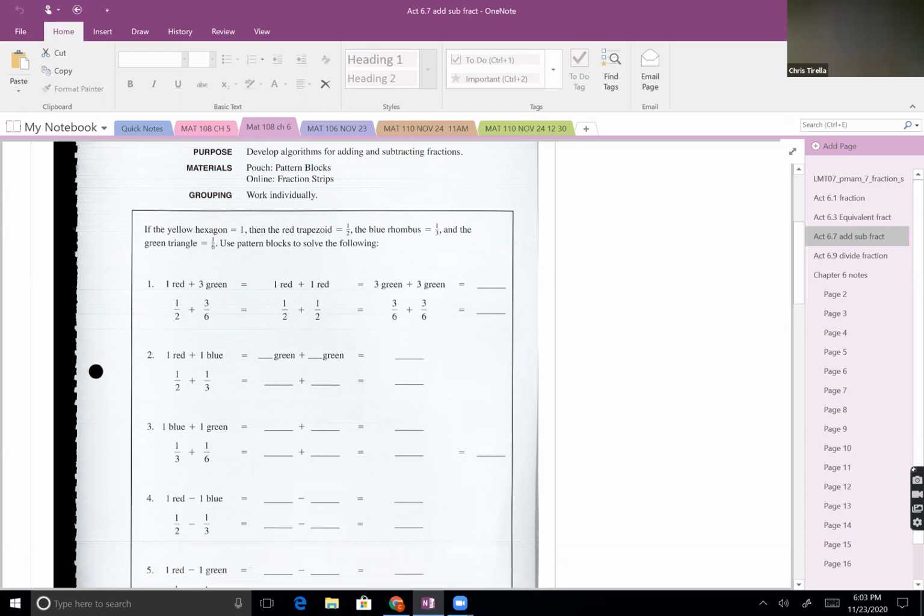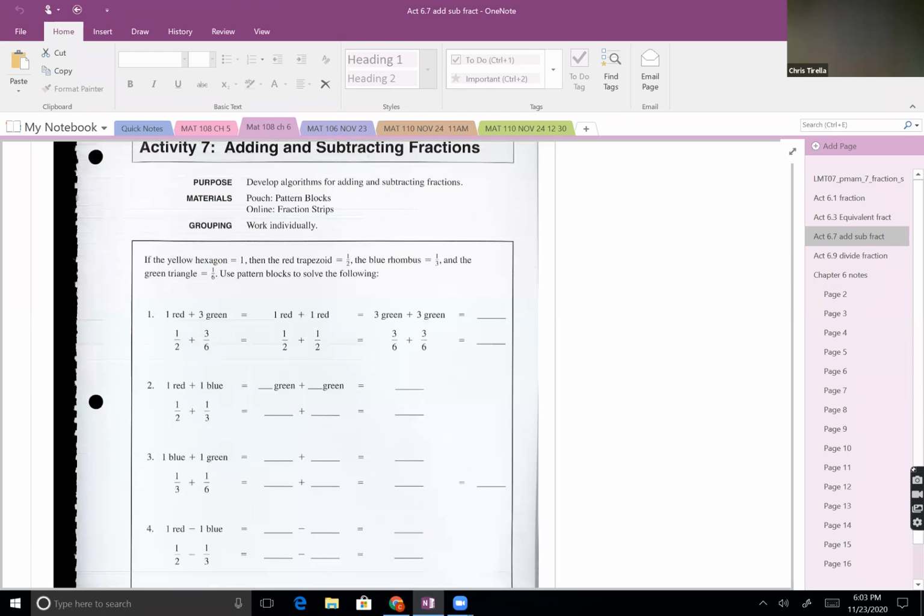So when they use the pattern blocks for fractions, you determine that one of them represents the whole number 1.